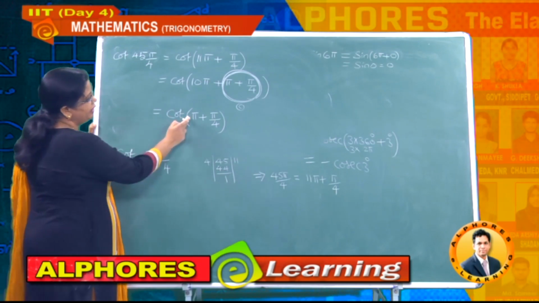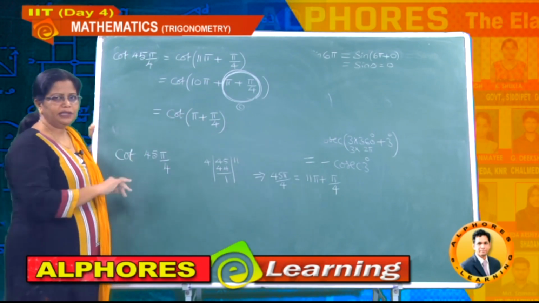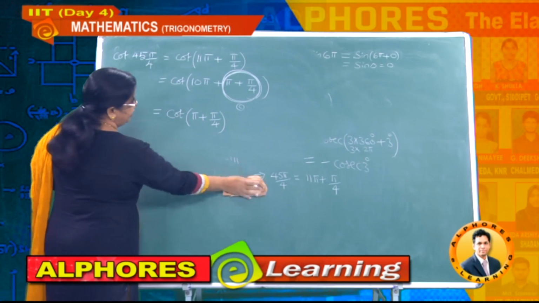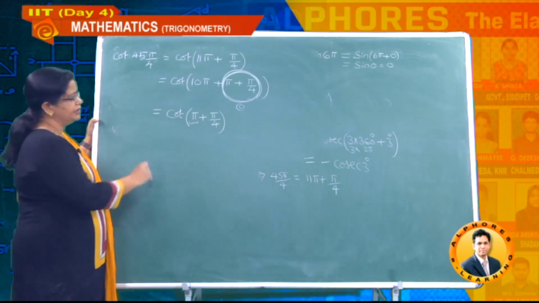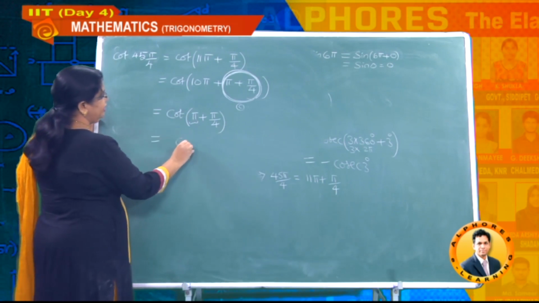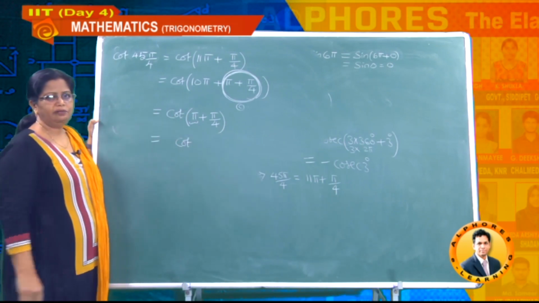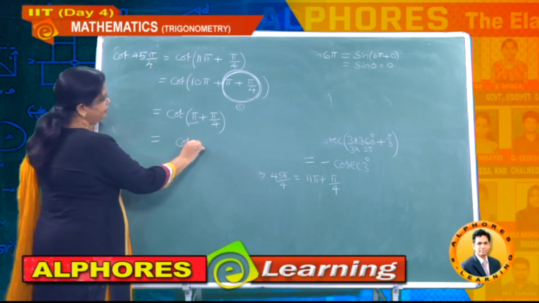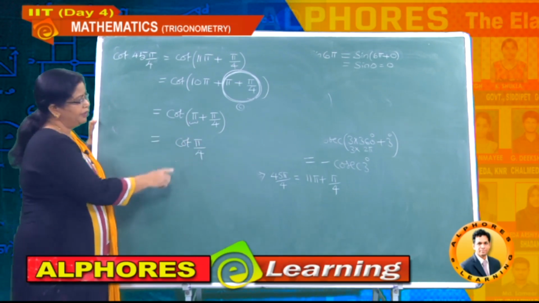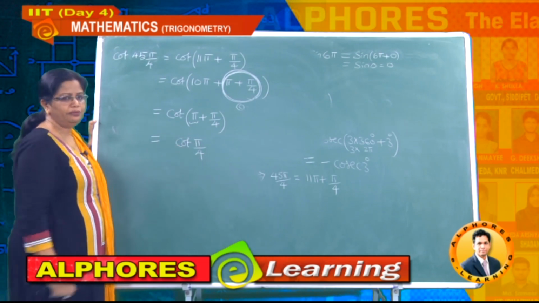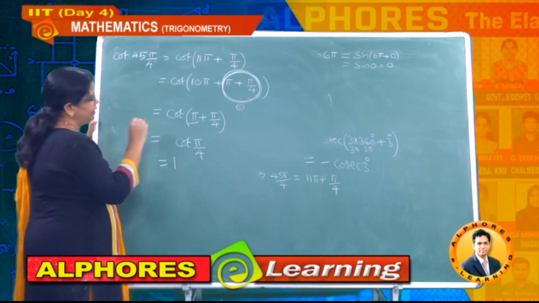Third quadrant. 180 plus means third quadrant, and in the third quadrant, moreover this is 180 degrees, therefore it is the same function. In the third quadrant cot values are positive, therefore how much did you get now? Cot pi by 4. Pi by 4 means 180 by 4, 45 degrees.